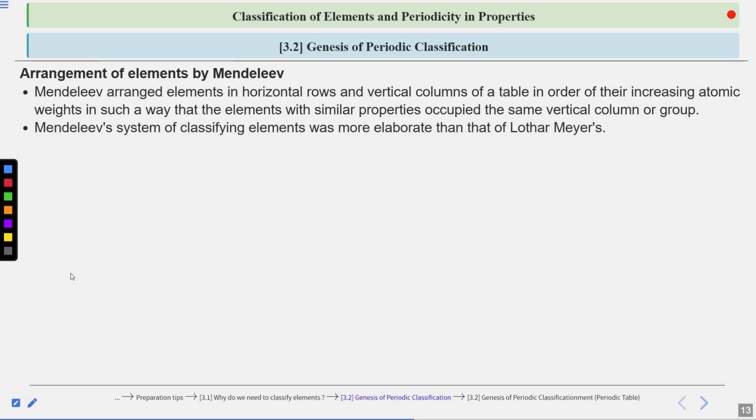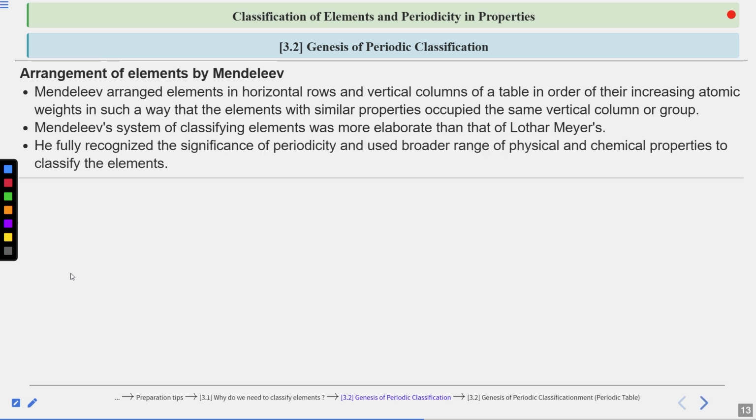And that is the reason the Mendeleev system of classifying elements was more elaborate than that of Lothar-Meyer's, because he took the property as a more classifying factor for the given elements rather than the atomic weight. Yes, two things are there to emphasize here.